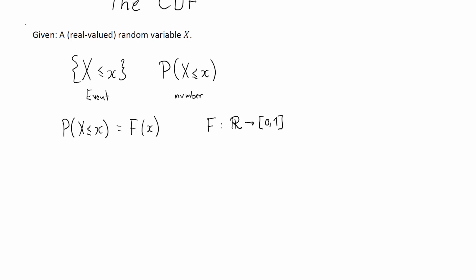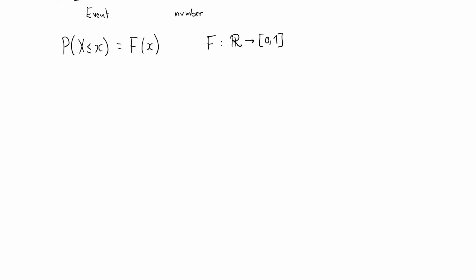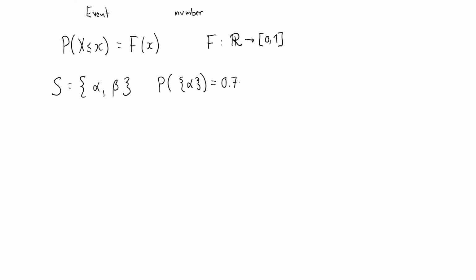So to see this, let's consider a very simple example where my sample space just consists of alpha and beta. My probability measure is defined as: the probability that alpha will be the outcome of the experiment is, let's say, 0.7, and the probability that beta will be the outcome is 0.3.